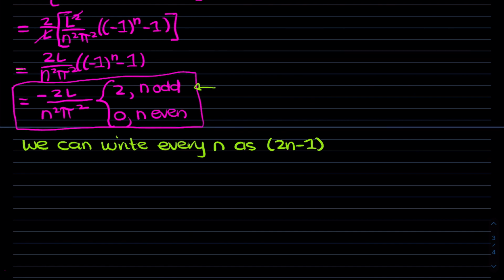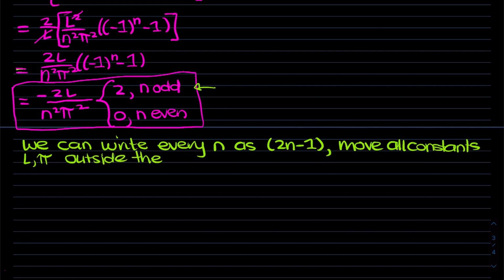As n must be odd, when we come to write the final solution, we can move all constants, so in this case we've got L and pi, outside the summation. That's just really putting it in the standard form that you would write it in.